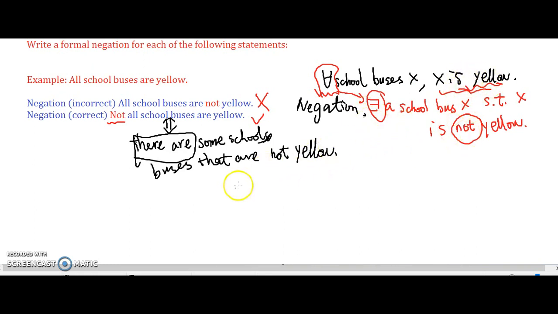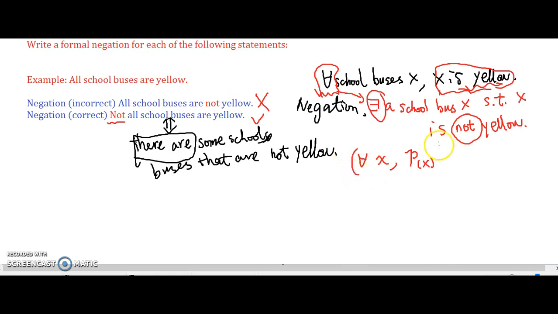If we summarize this formula, if we have for any X, there's a statement that is true about X. I'm going to use P of X to denote the statement describing X. For example, in this case, X is yellow.